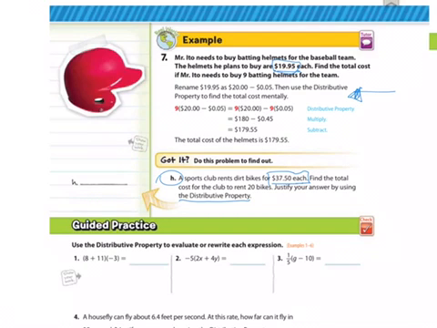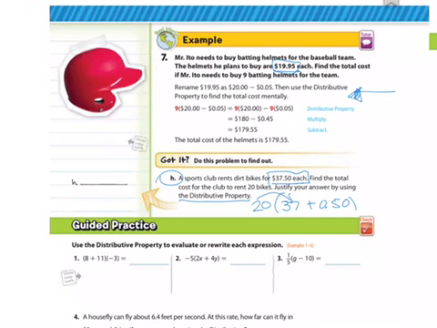So basically what it's saying is we have the $37.50, and we can break that into 37 plus 50 cents. And we can multiply both those sums by 20.